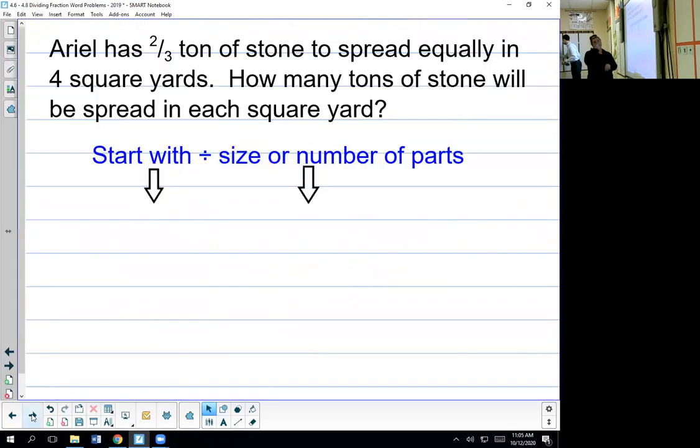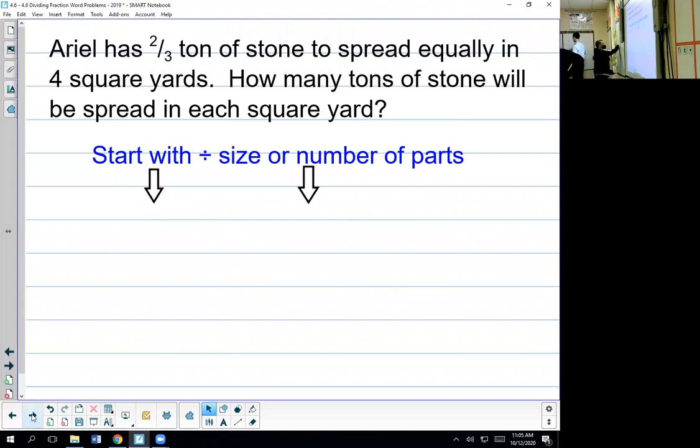All right, last one. Okay, let's see if you get this one right. This one, be careful with. Ariel has 2/3 of a ton.